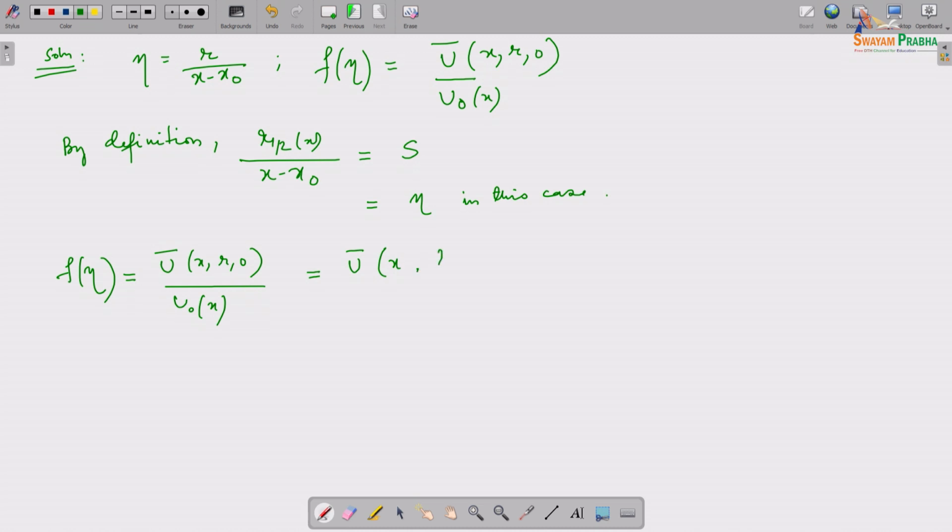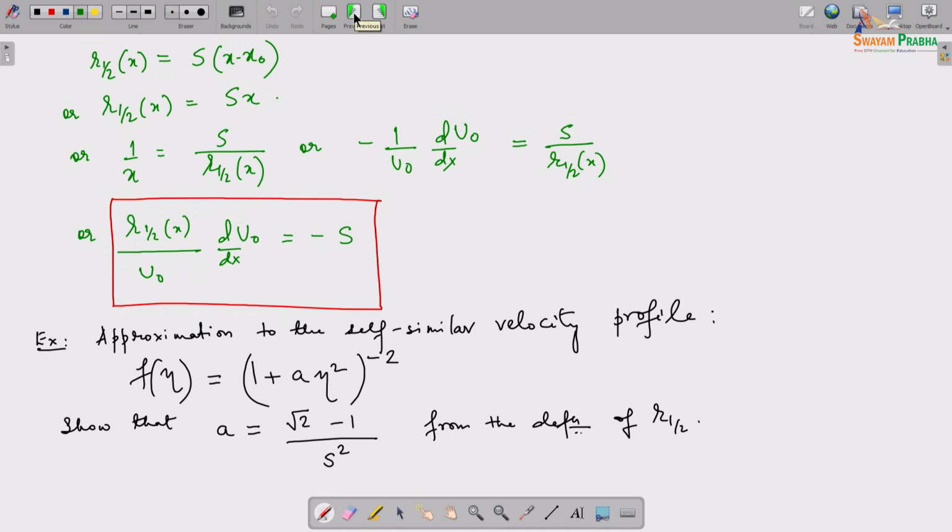say r is r half, and then this. Now, by definition of the jet velocity itself, the question was from the definition of r half.